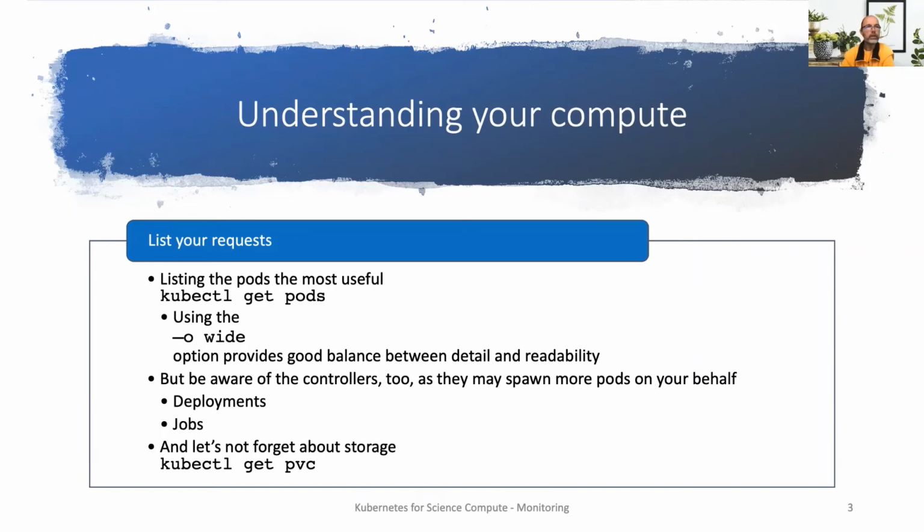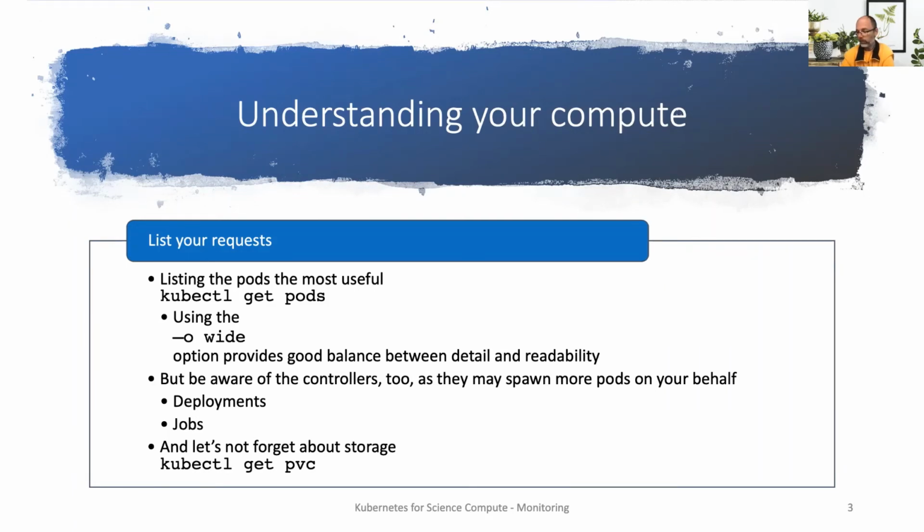kubectl get pods is what you will usually use to see what requests you have in the system, and you have used that in your hands-on already. I suggested also that you use -o wide.